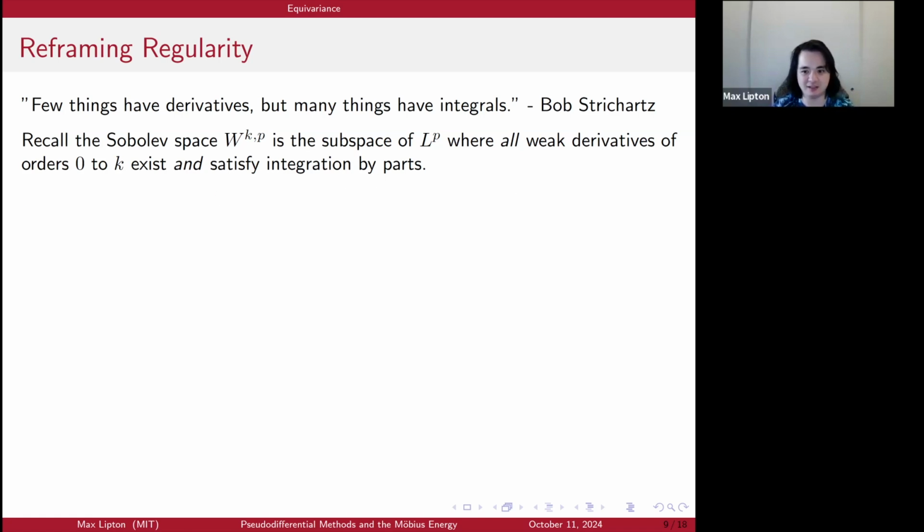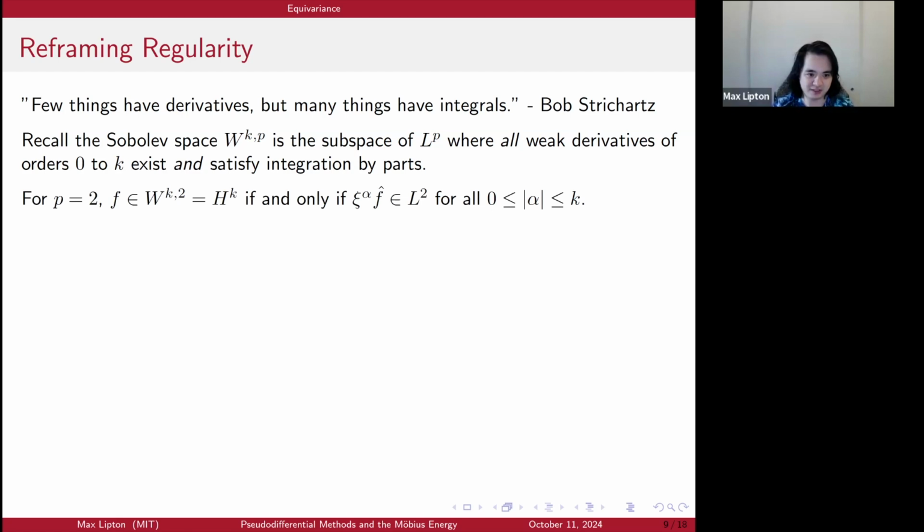And I should also mention the other important aspect is that all derivatives of order 0 to k exist, not just the derivatives of the highest order. So in the main setting we're looking at, we're going to take p equal to 2, and so we'll say f is in W^{k,2}, or just H^k, because H for Hilbert space, p equals 2 allows the Sobolev space to become a Hilbert space.